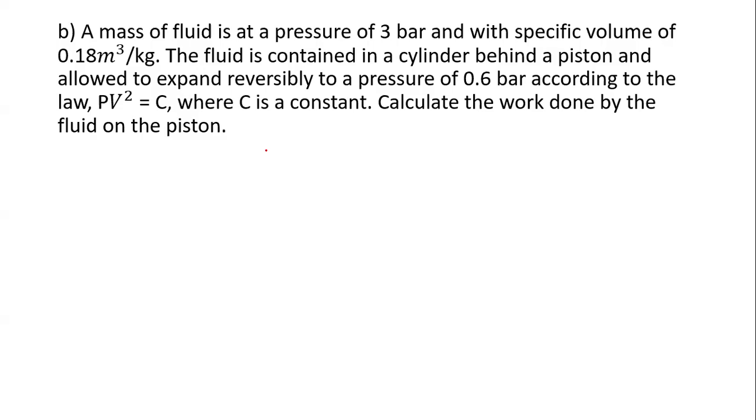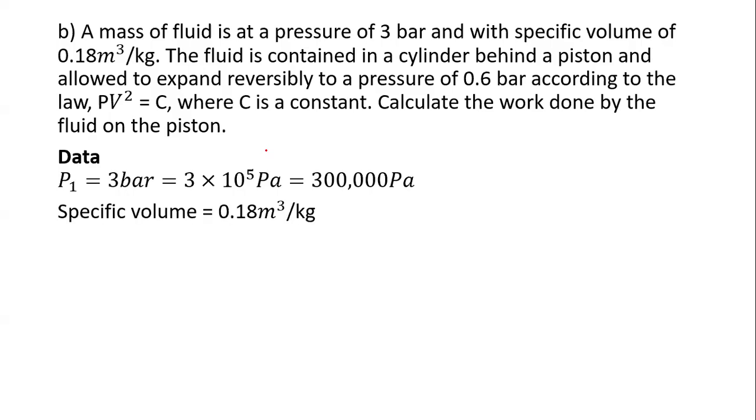As usual, let's start with the data. Pressure number 1 is 3 bar. So we convert it to Pascal. So it becomes 3 times 10 power 5. So it's 300,000 pascals. Specific volume is 0.18 cubic meters per kg.